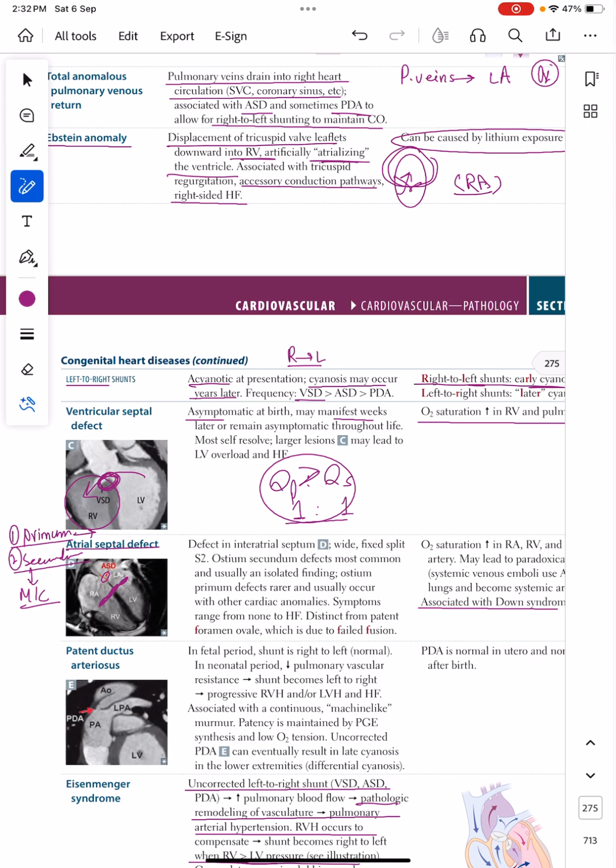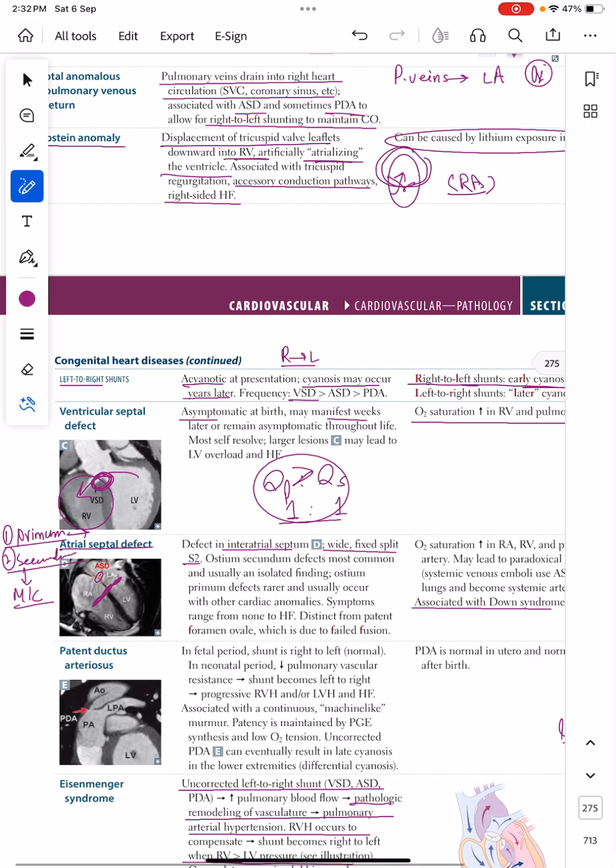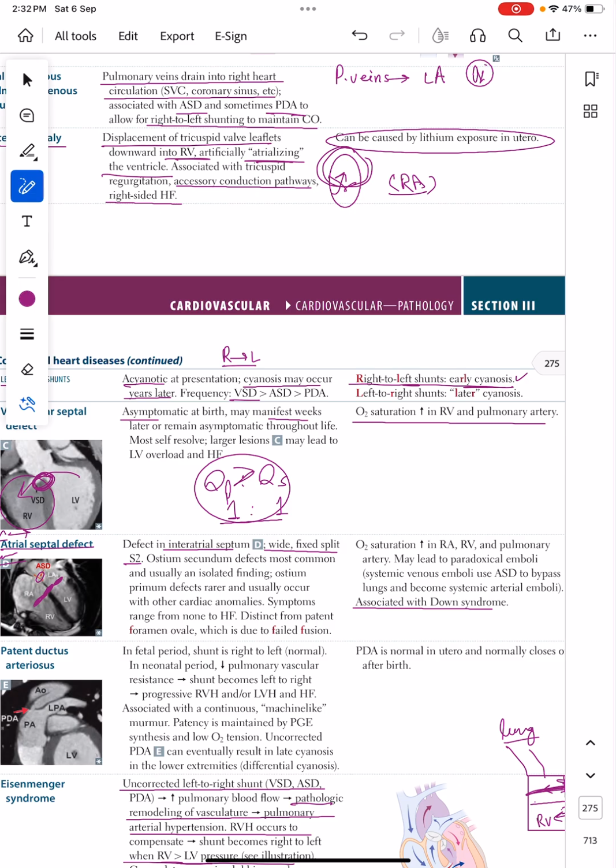Whenever there is a defect in the interatrial septum, the murmur finding associated with ASD is a fixed wide split in the S2. Why does this split happen? Normally we have studied that there is a physiologic split: during inspiration the intrathoracic pressure decreases, it sucks the blood into the right side of the heart, which increases venous return.